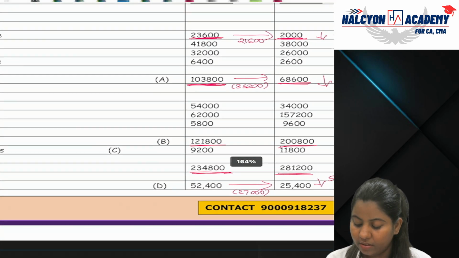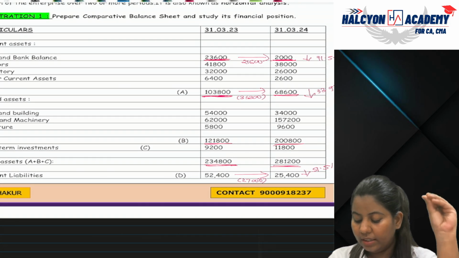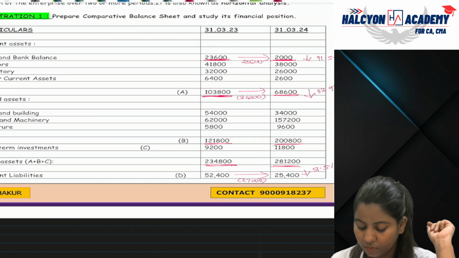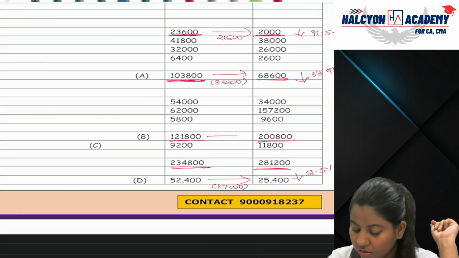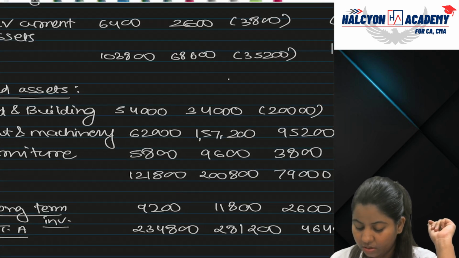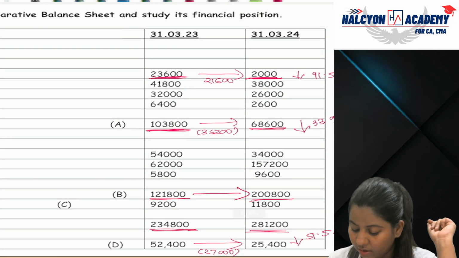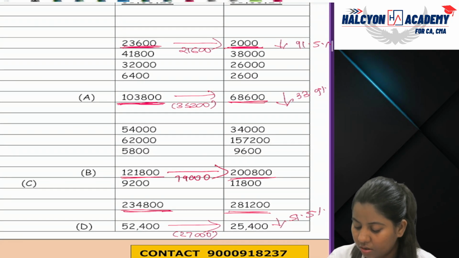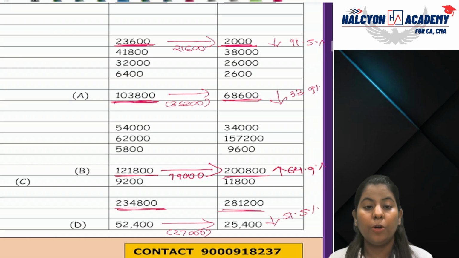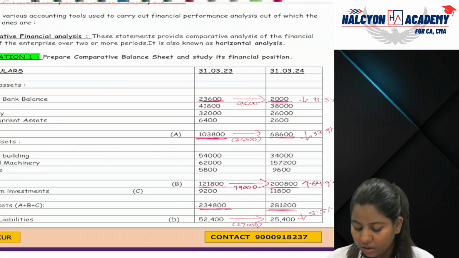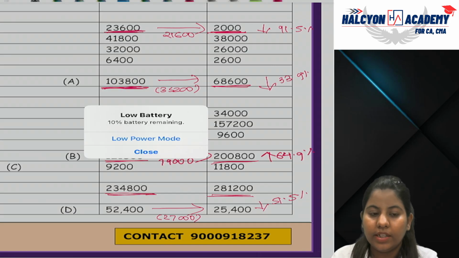Next, you can see that there is an increase in fixed assets. How much amount is increased? It is increased by 79,000, that is 64.9%.